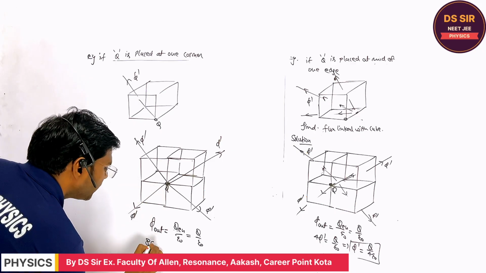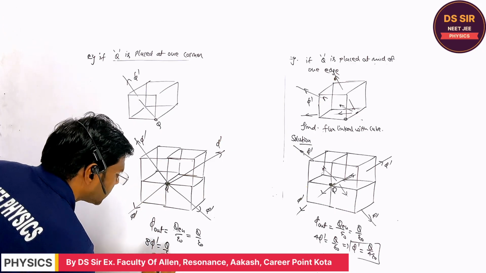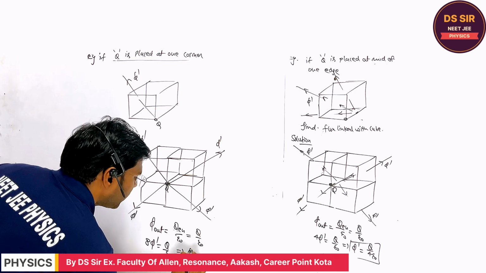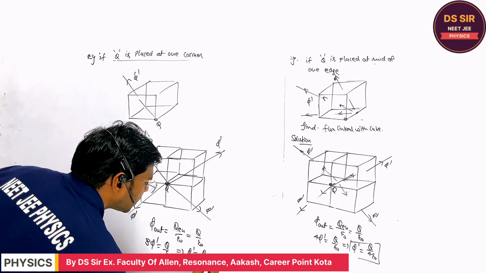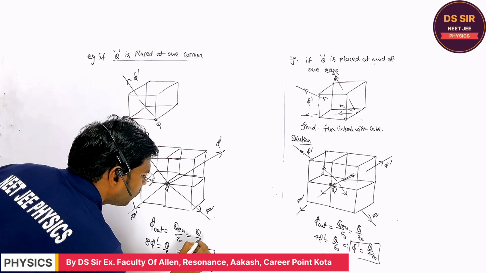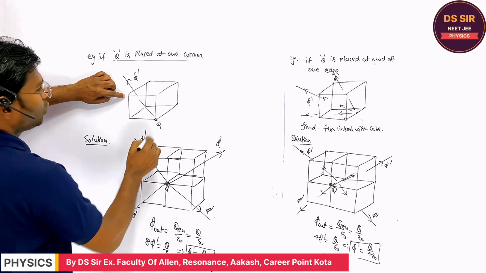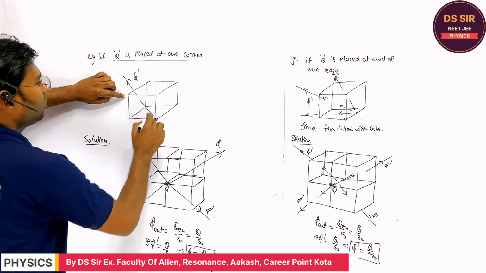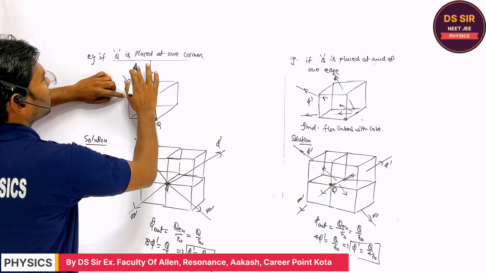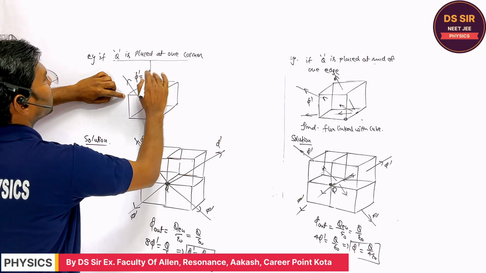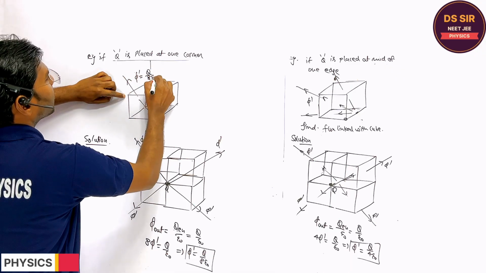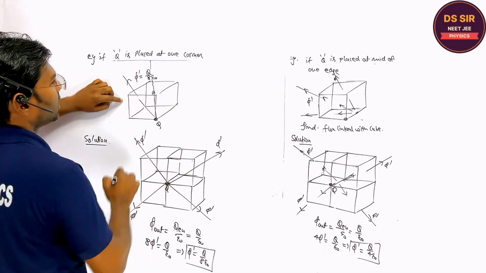So therefore 8 phi dash is equal to q upon epsilon naught, and you may write phi dash is q upon 8 epsilon naught, right? So the flux linked with this 1 cube, if it is placed at one corner, is nothing but q upon 8 epsilon naught. Is it clear or not, you tell?